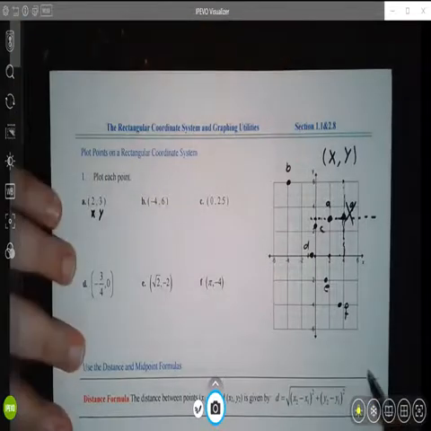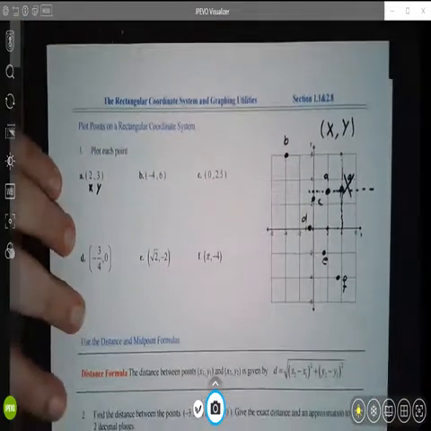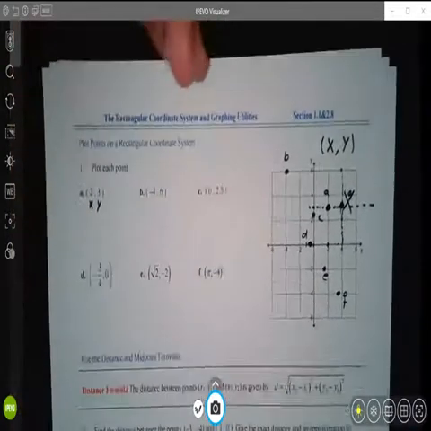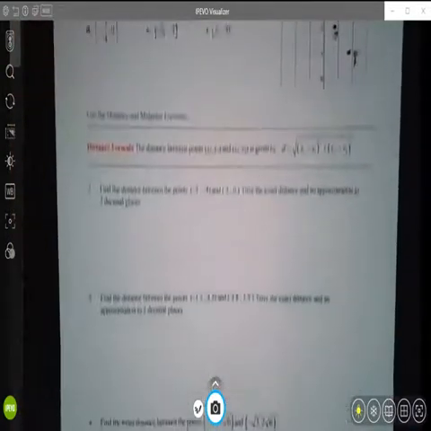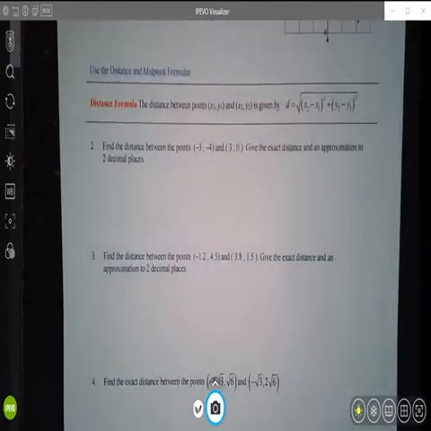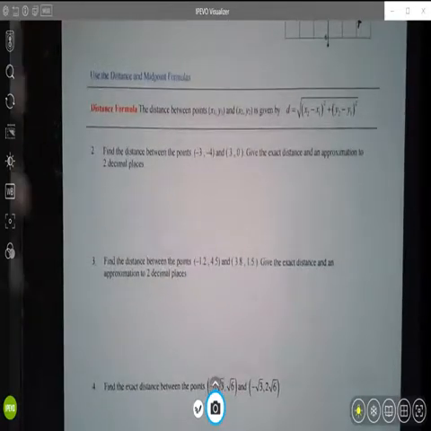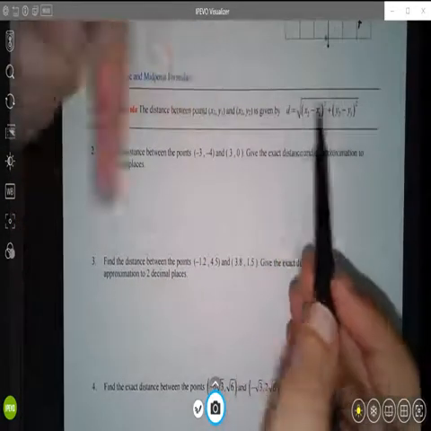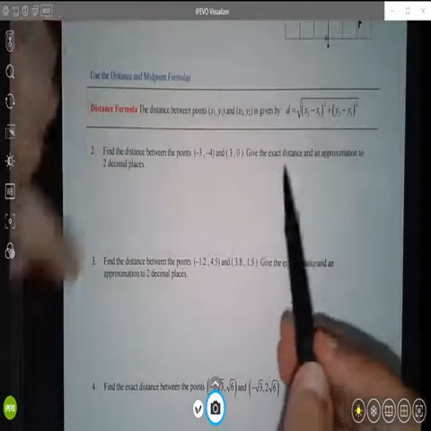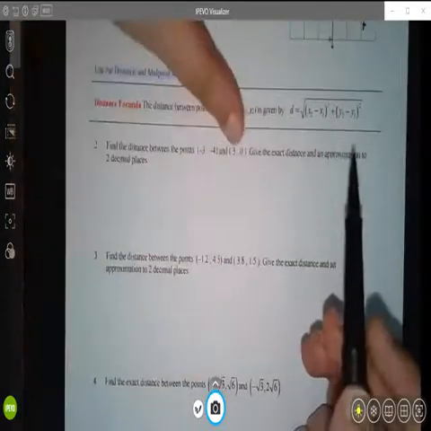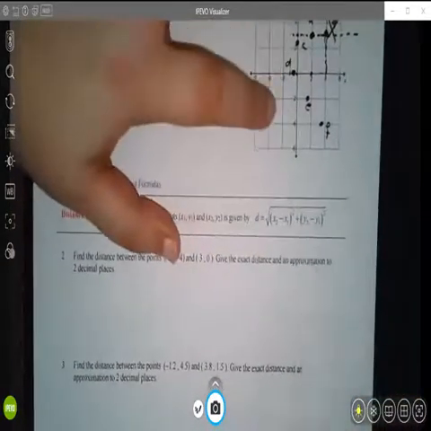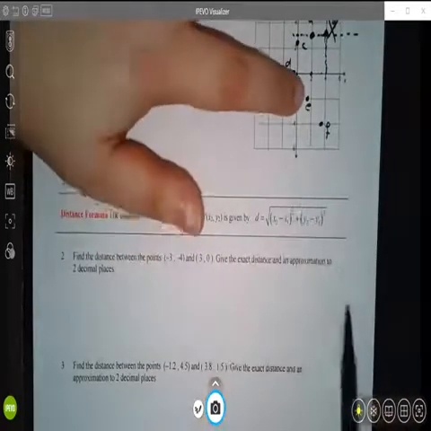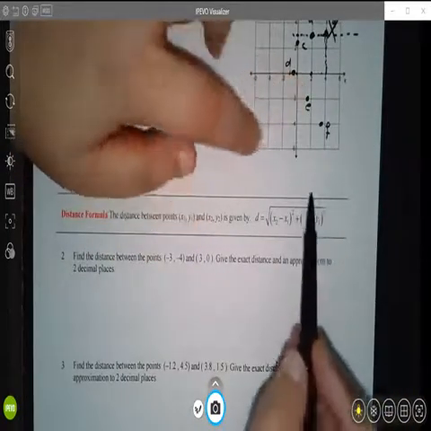Okay? All right. Now, next up is the distance formula, which you can see right here. For the distance formula, I'm basically asking you to give me the measurement in distance between 2 points, right? So if I, for example, ask you to give me a distance between E and F, this is what you're going to use.